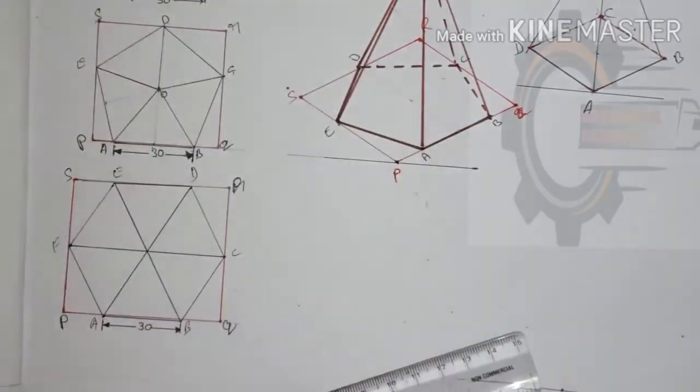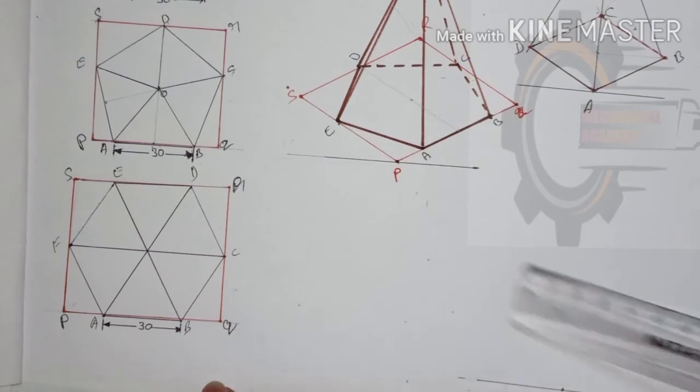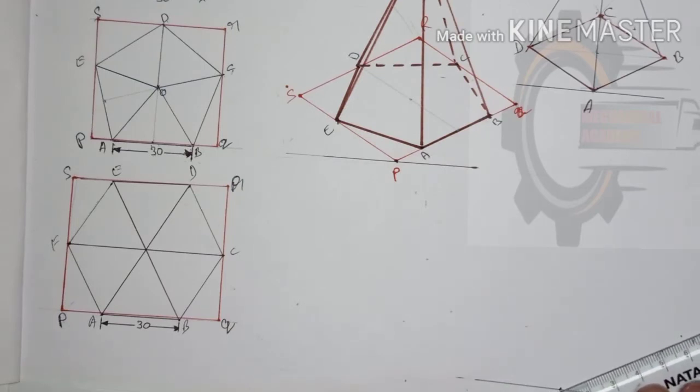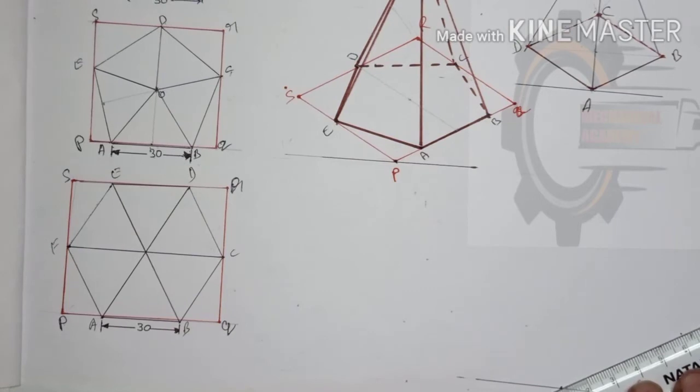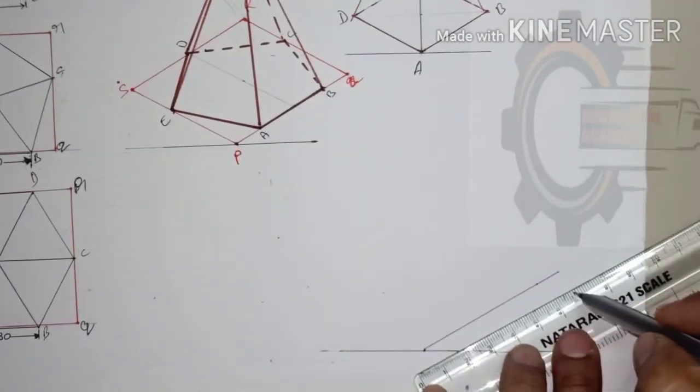Yeah, 5.2. Okay, the vertical distance is 5.2 and the horizontal distance is 60 mm. Okay, so first of all let me draw the 60 mm line from here. So I will draw here 60 mm of line from here.